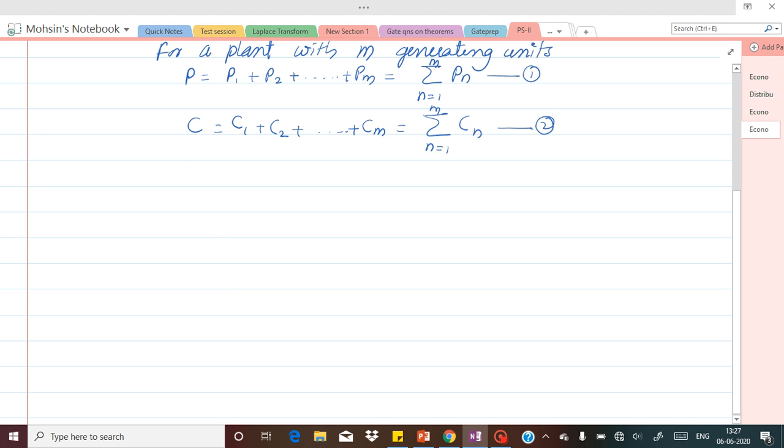So therefore, we can write, since the total load is constant, therefore we can write total load, differentiation of the total load dp, it has to remain equal to 0 because p is constant.